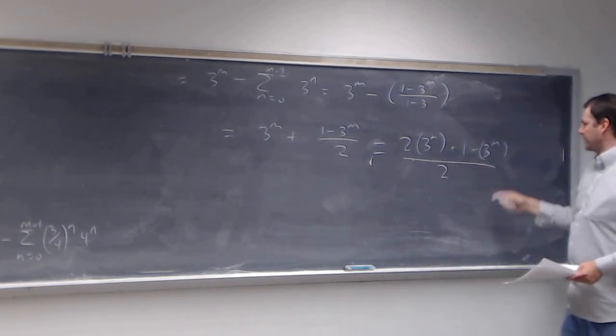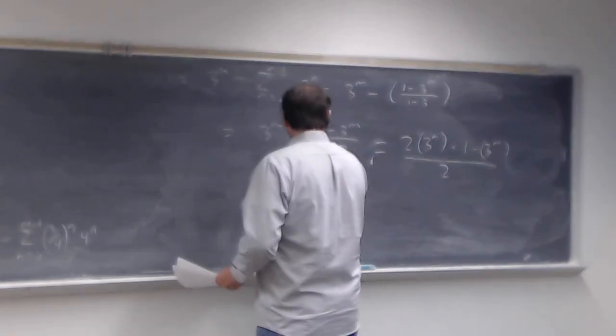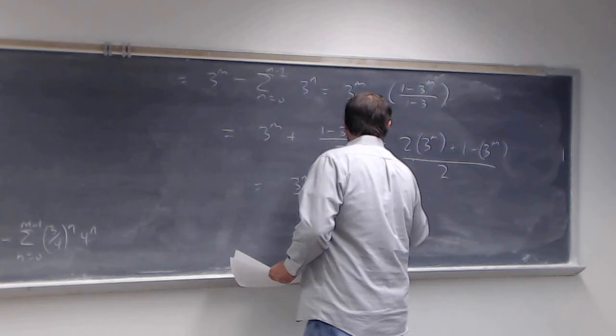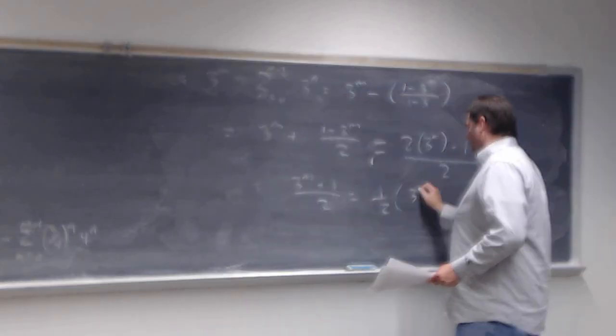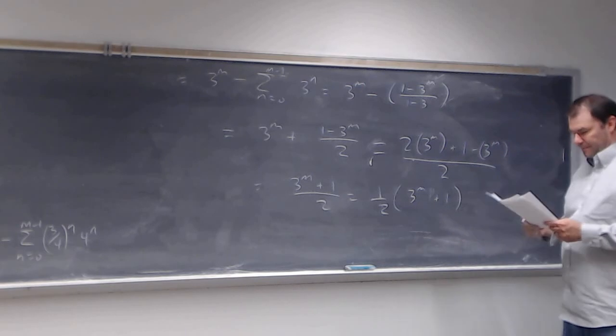The 2 3 to the m minus 1 3 to the m's yield a 3 to the m plus 1 over 2, which our text proves says it's 1/2 3 to the m plus 1. Okay, that's great. That's what we got.